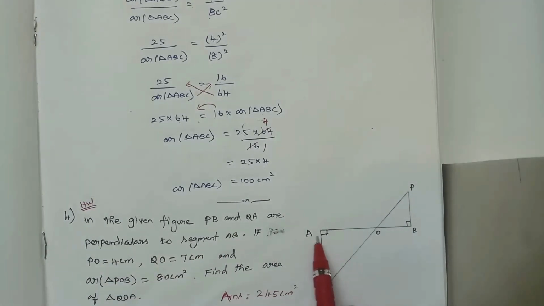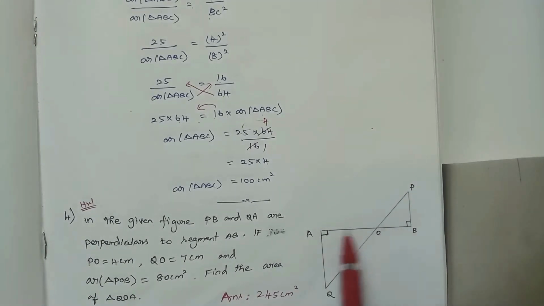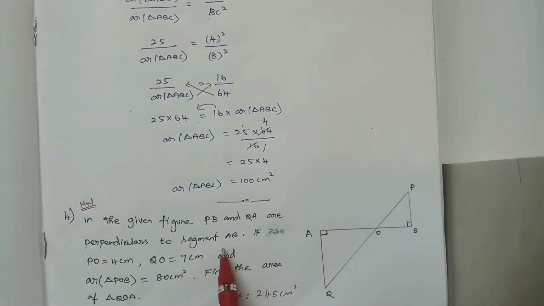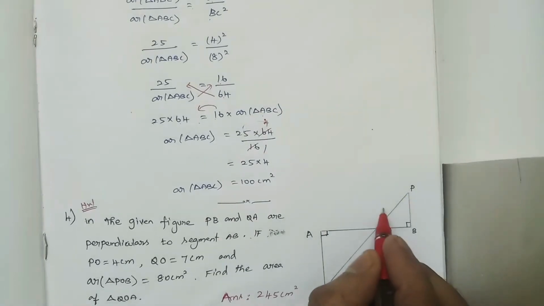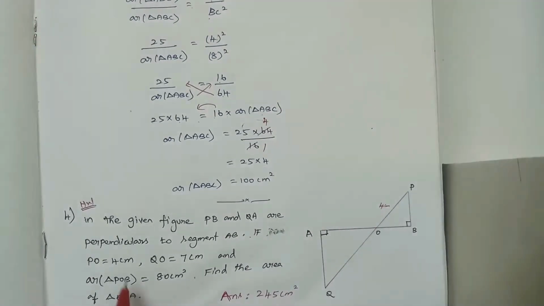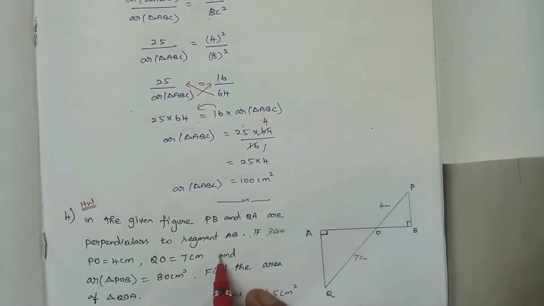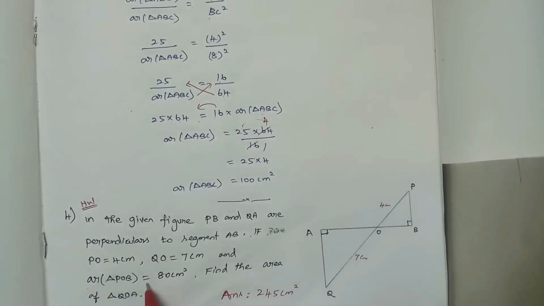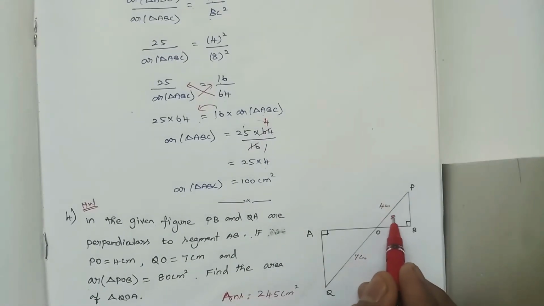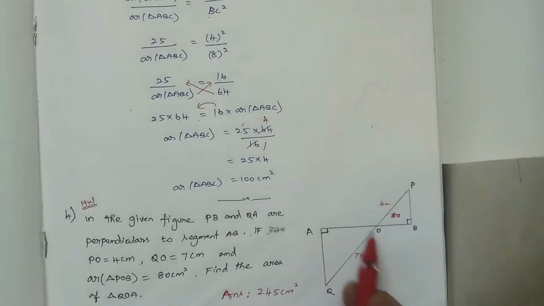Perpendicular means angle A is 90 degrees and angle B is 90 degrees. If PO is equal to 4 centimeter and QO is equal to 7 centimeter, and the area of triangle POB is equal to 80 centimeter square, find the area of triangle QOA.